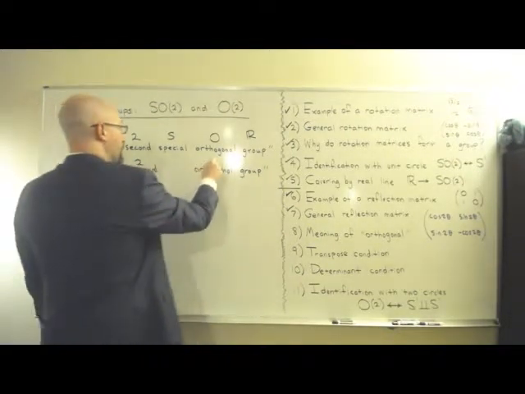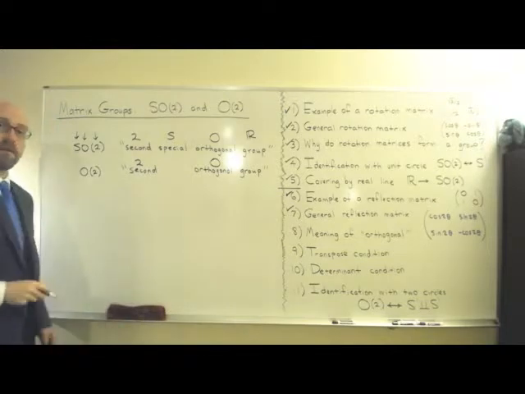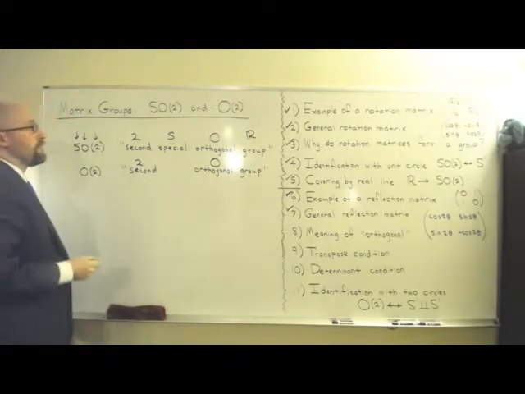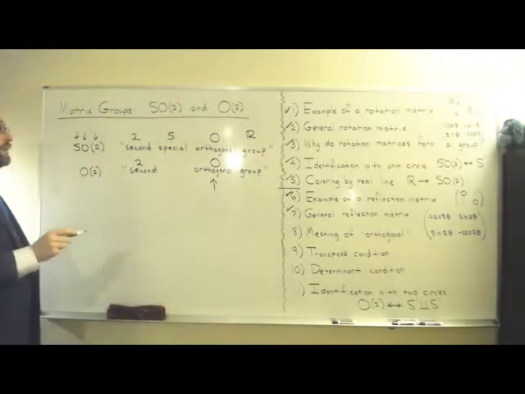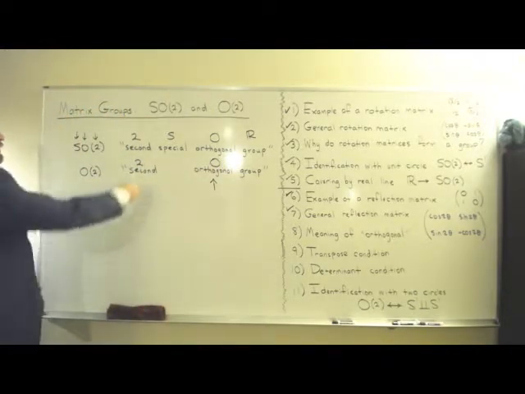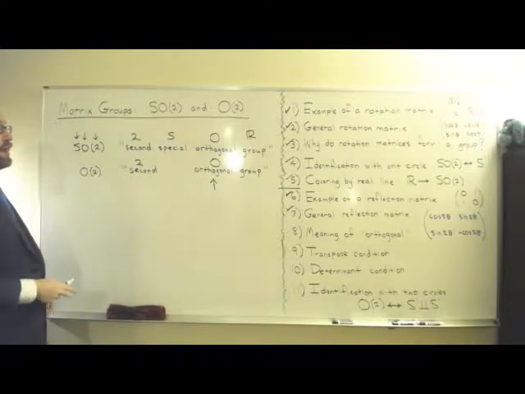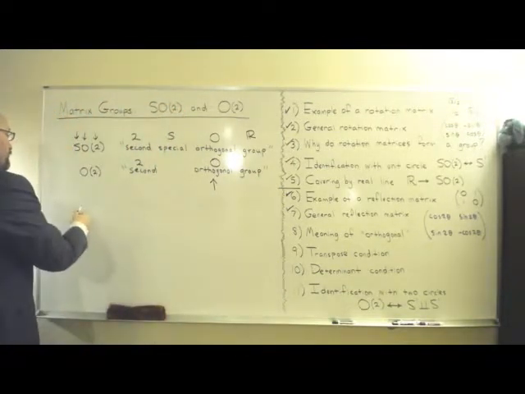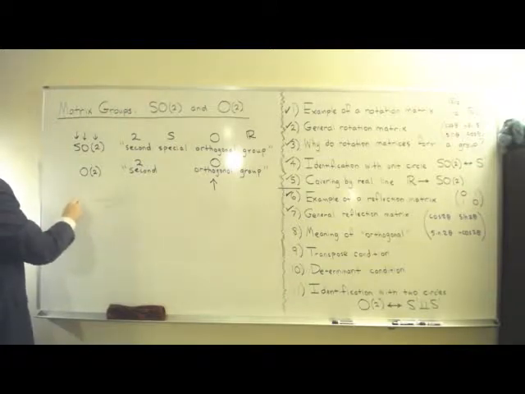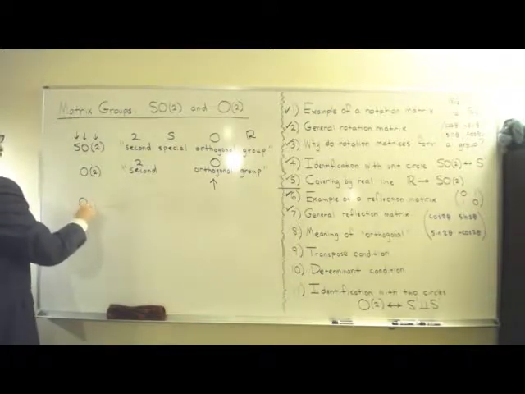That's where the 2 goes, and that's where the O comes from there. So we're focusing on this word here, orthogonal. And then, of course, we'll talk about special as well, and that comes in with this determinant condition later. But first, orthogonal.